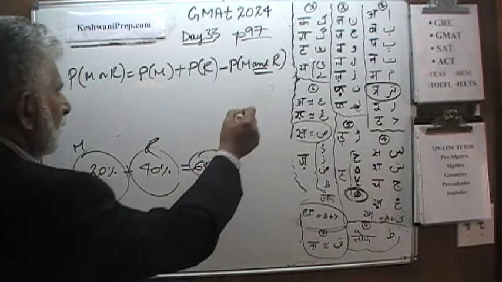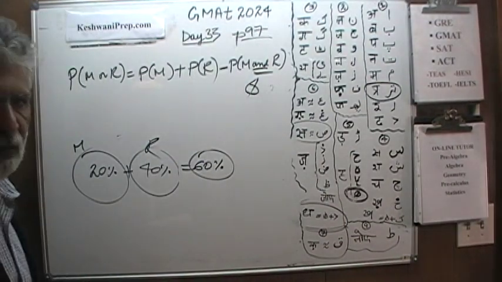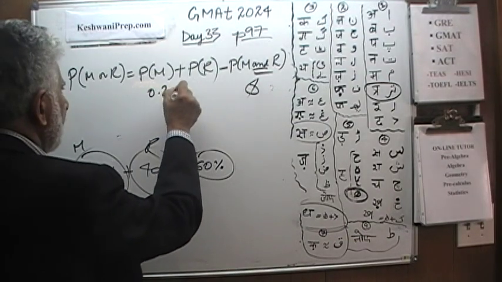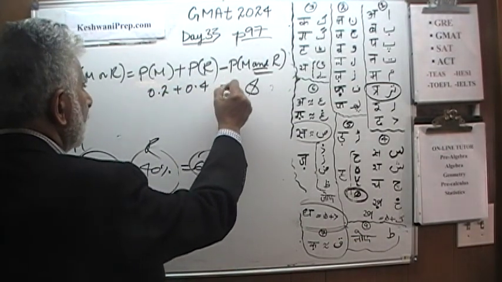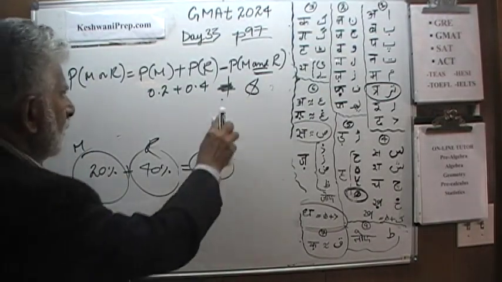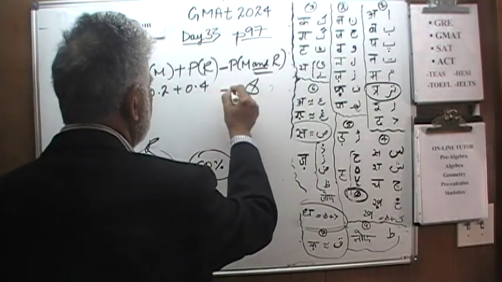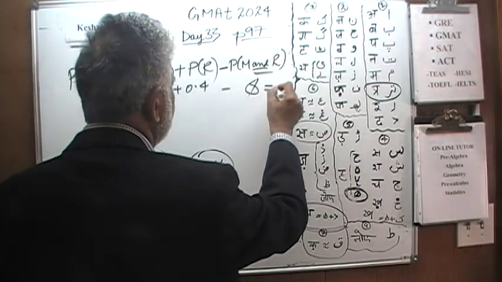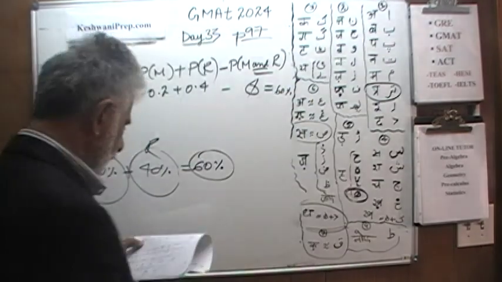And this part is zero because they cannot occur at the same time. There is no overlap. Hence, it's just 0.2 plus 0.4 minus zero, and therefore it's just 60%. That's all.